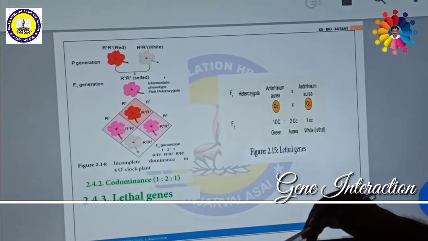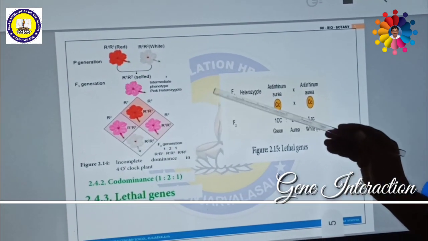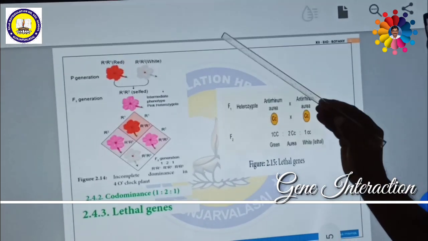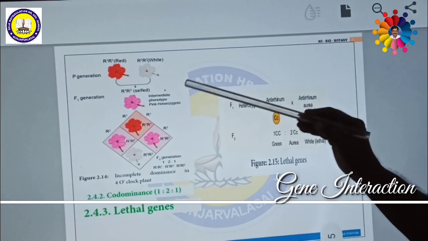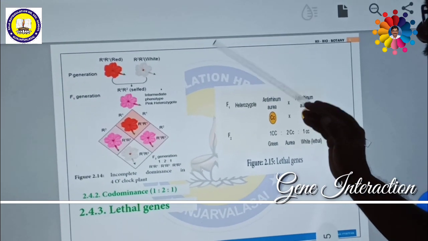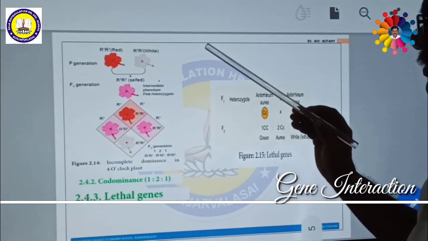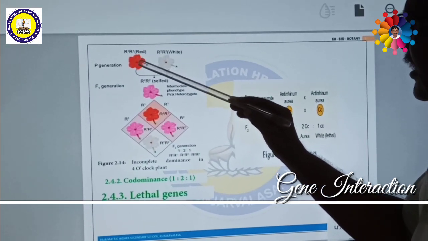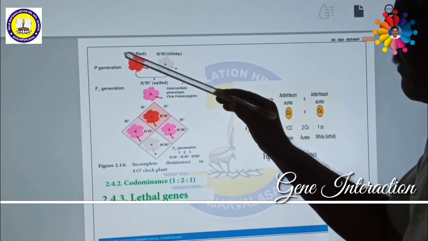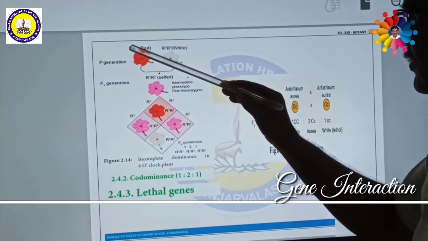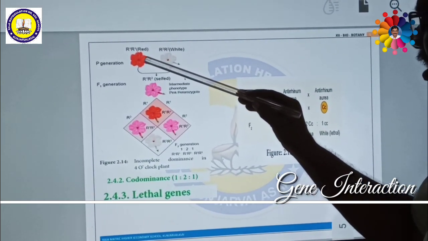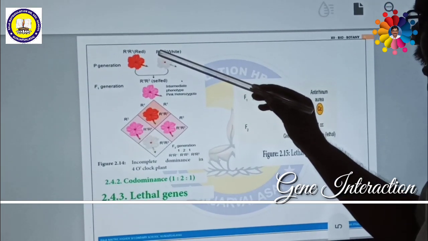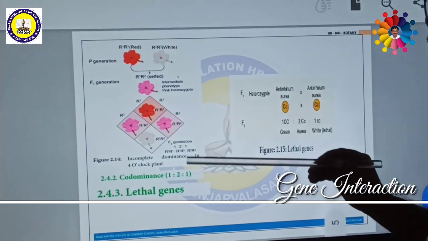In the four o'clock plant, in Tamil we say Andi Mandari, there are two different types of plants producing two different colors of flower. One is red, another one is white. The red is represented by capital R1, so two alleles of the red gene can be indicated. The white gene will be indicated by capital R2.